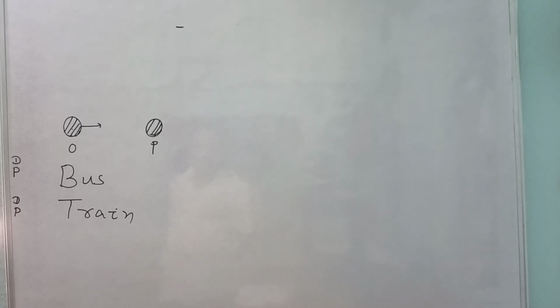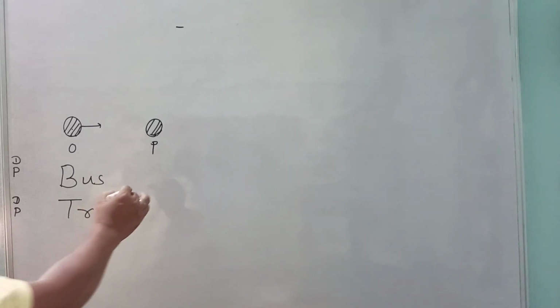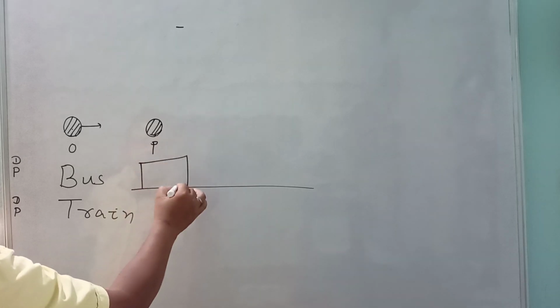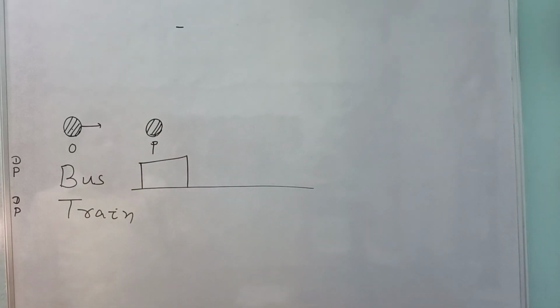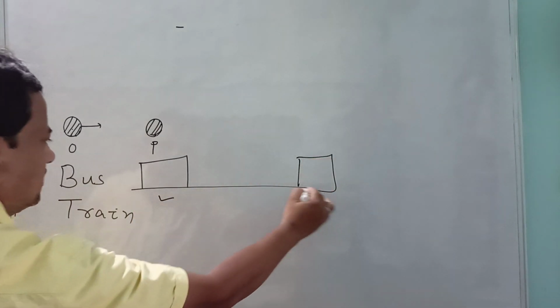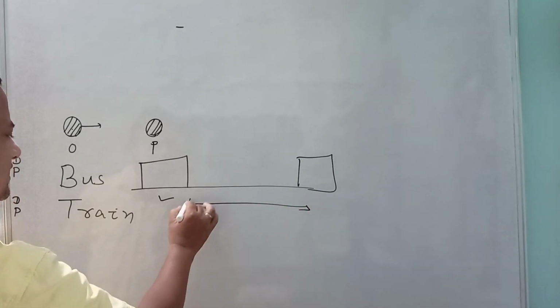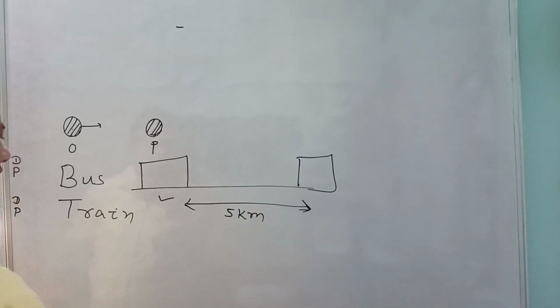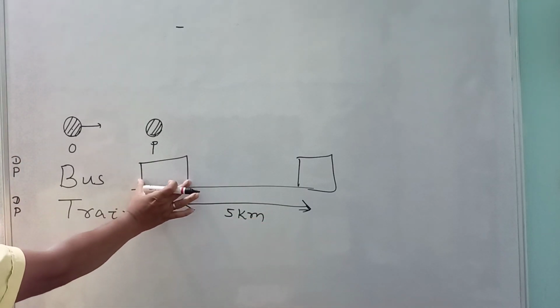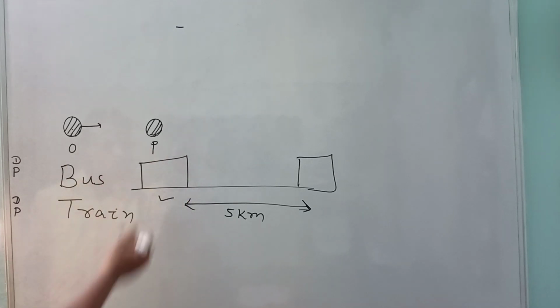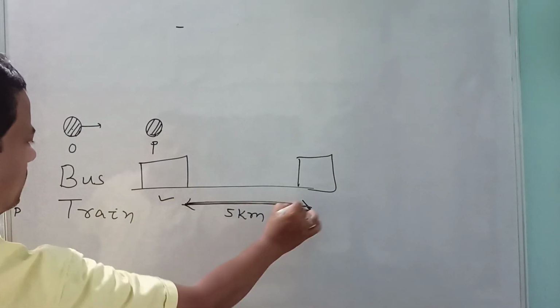What does it mean? Suppose here is a bus. Okay, here is a vehicular bus that moves from this position to that position, and of course this distance is suppose 5 kilometers. You see, the size or dimension of this bus is very less as compared to distance covered.